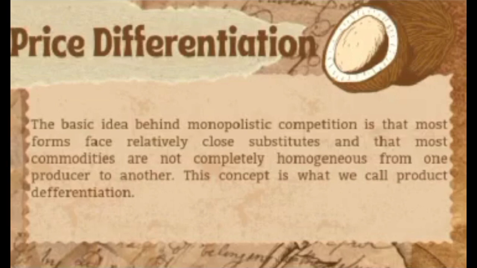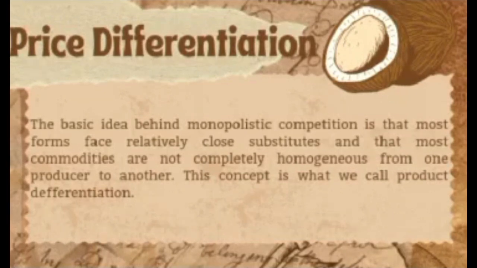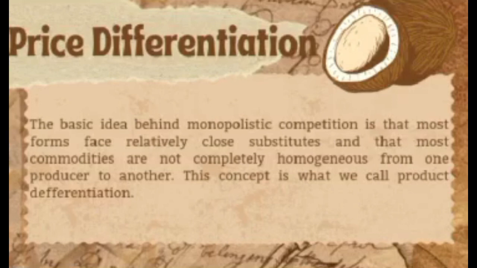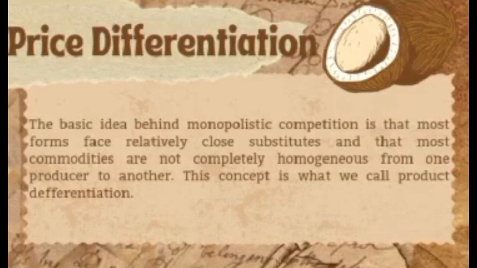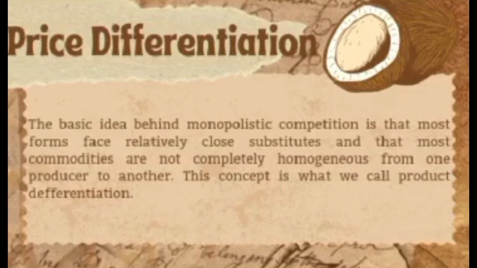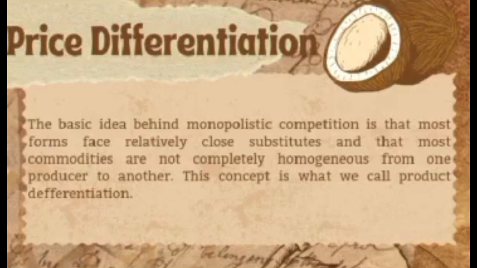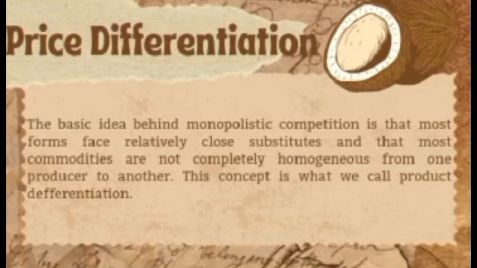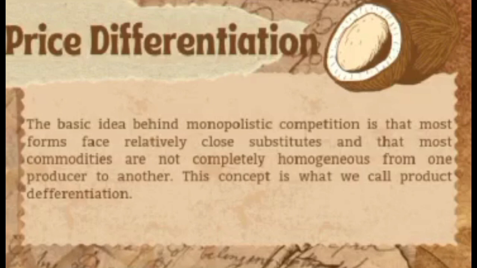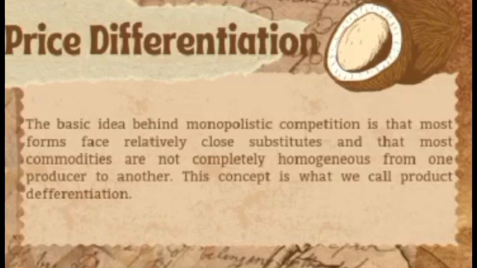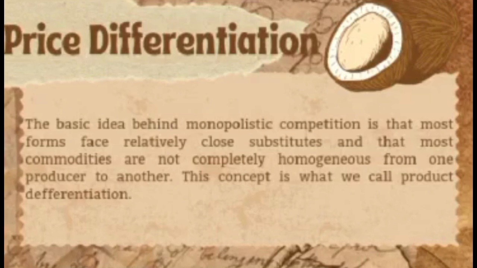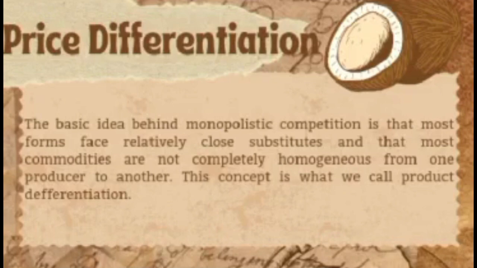This concept is what we call product differentiation. An example of price differentiation can be seen in the airline industry. Prices of the same flight often vary based on the time of booking, the class of the seat, and even the location where you are booking.